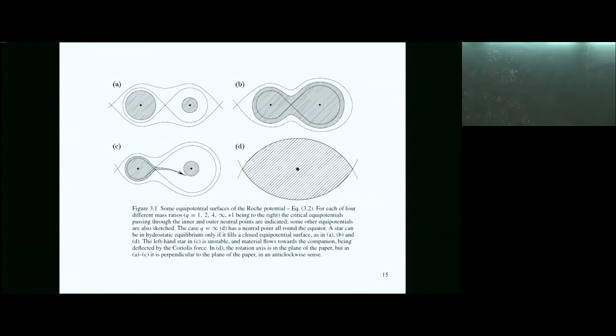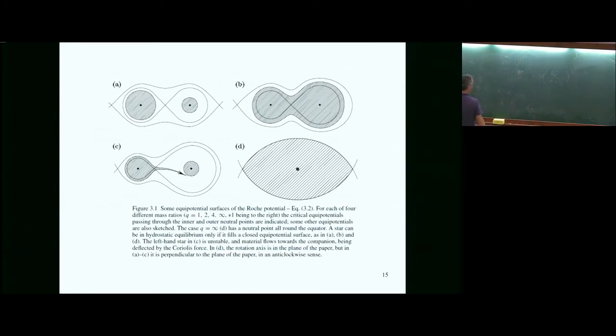So we can insert this formula, so we can express A as a function of the stellar radius to the third divided by XL of Q to the third. And the 1/2, I don't remember, so don't forget.